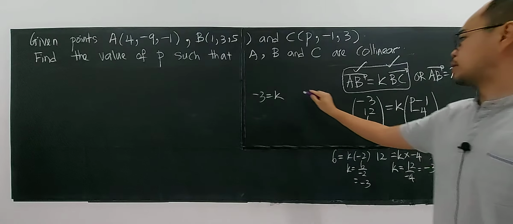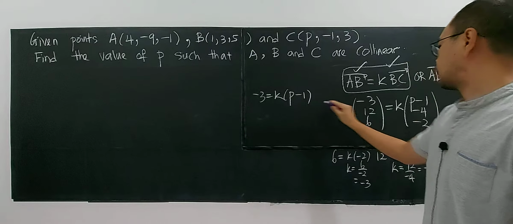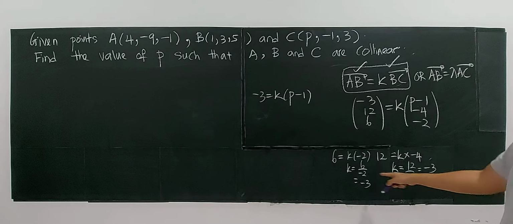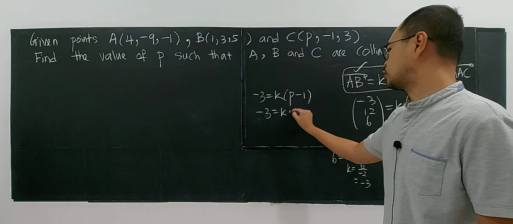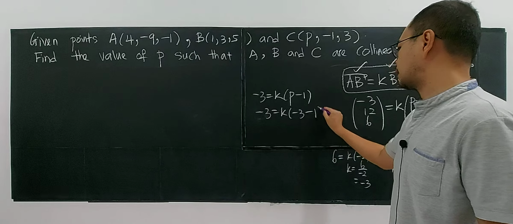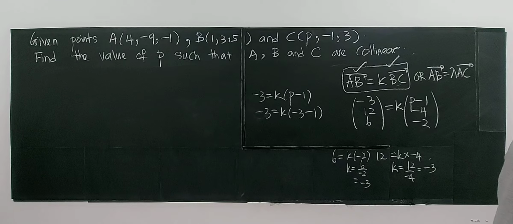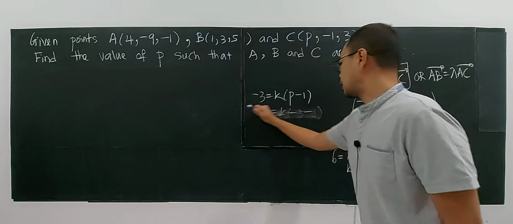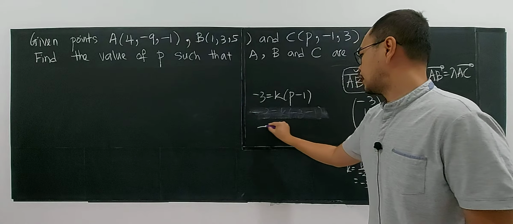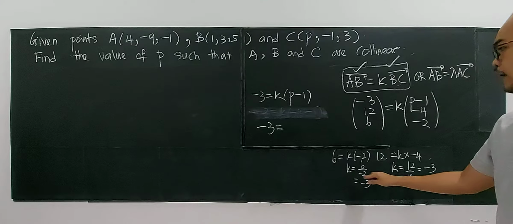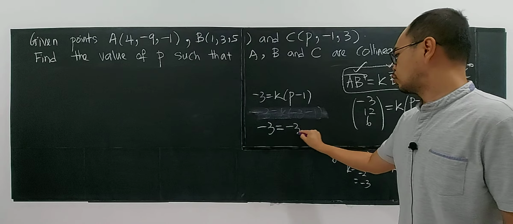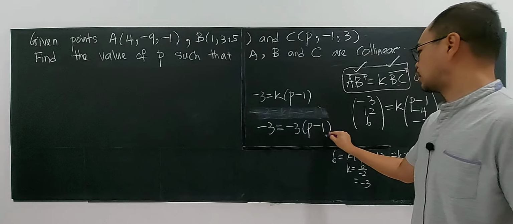It's K times P minus 1, right? Put a bracket, P minus 1. And you know that the value of K is negative 3, right? So negative 3, negative 1, right? So which is P minus 1, right?